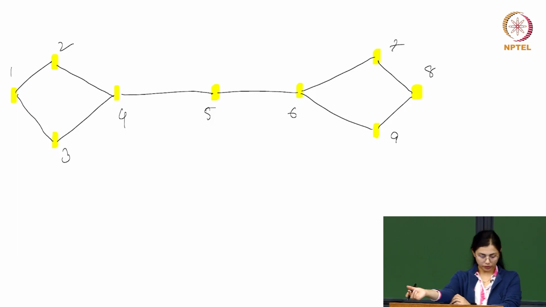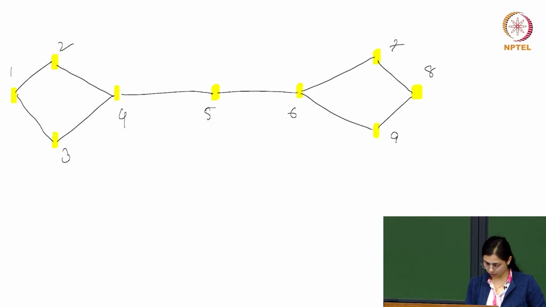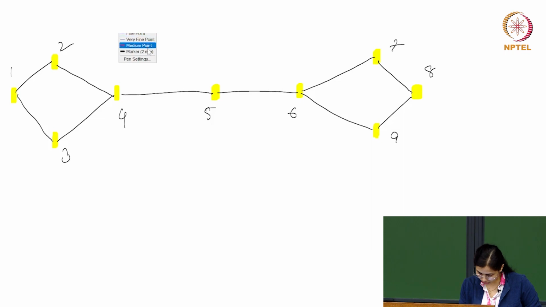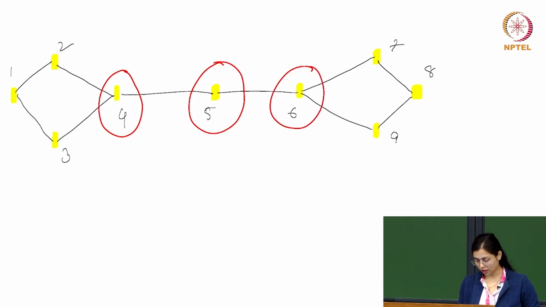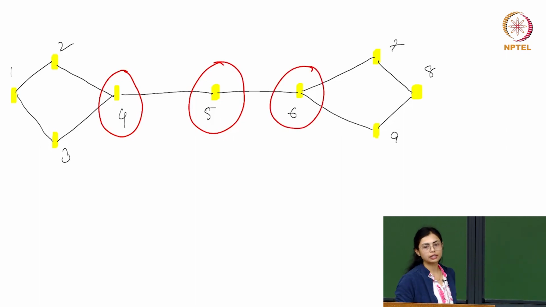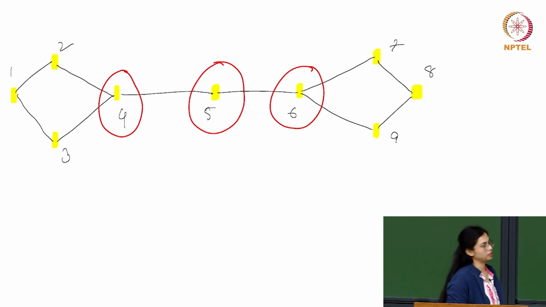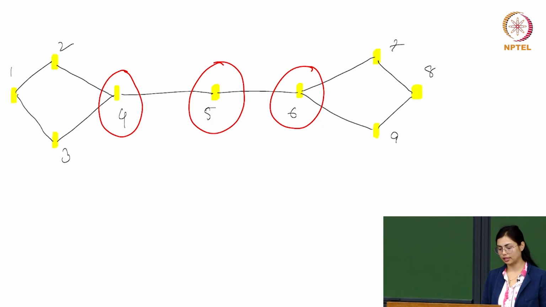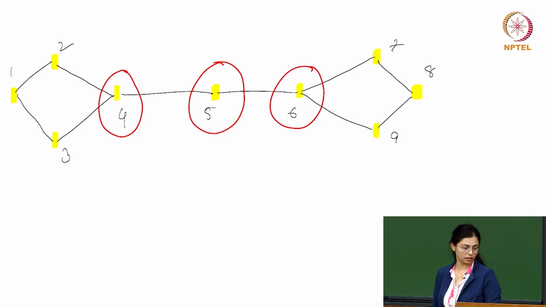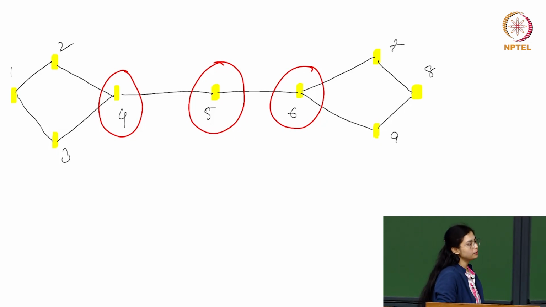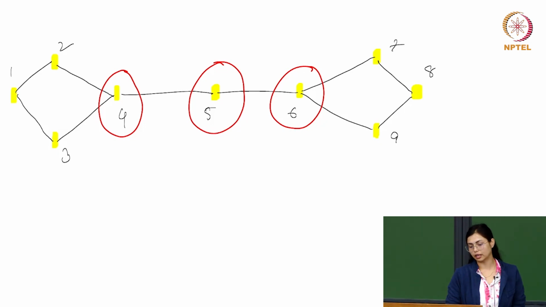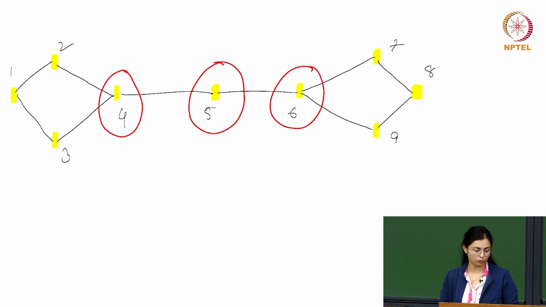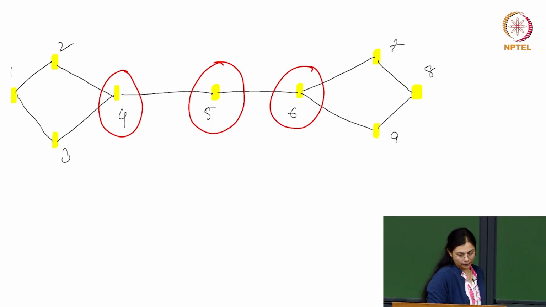So then we will have a comparison between 4, 5 and 6. For closeness centrality, just try to find it for 4, 5 and 6. Definitely the degree centrality for 4 and 6 is more than 5 because 4 and 6 have more links.